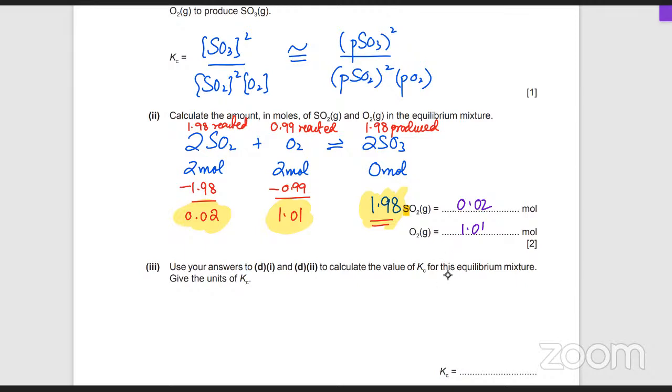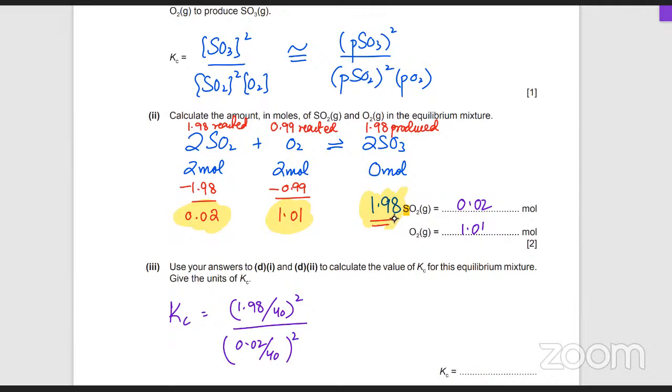So we're going to use the expression, plug in the values, but remember concentration is used. So it's going to be SO3 concentration squared. That's going to be 1.98 divided by 40 mole per dm cube, right? So 1.98 moles divided by 40 dm cube, squared. That's your product, and divide by your reactant, which is 0.02 in 40 dm cube, and that's also going to be squared.